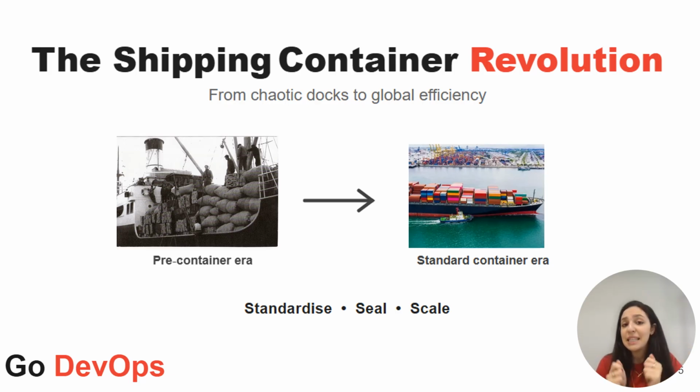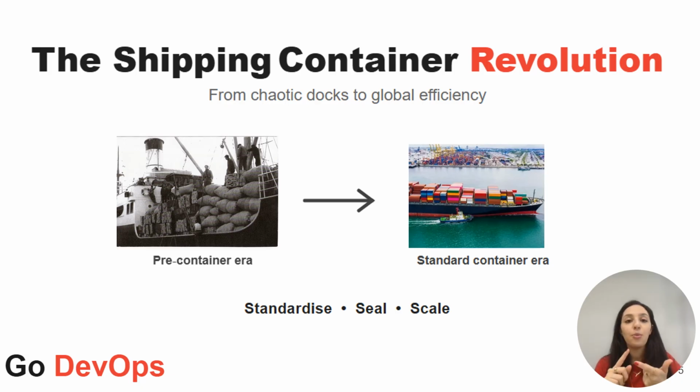Same size, same structure, loaded once, and it can move across ships, trains, and trucks without ever unpacking. So it didn't matter what was inside, whether bananas, computers, or even cars, the system didn't care. The container standardized the process and removed the chaos, and that's exactly what software containers do today. So they standardized the way we package and ship applications, so developers, testers, and ops teams can collaborate without breaking things.